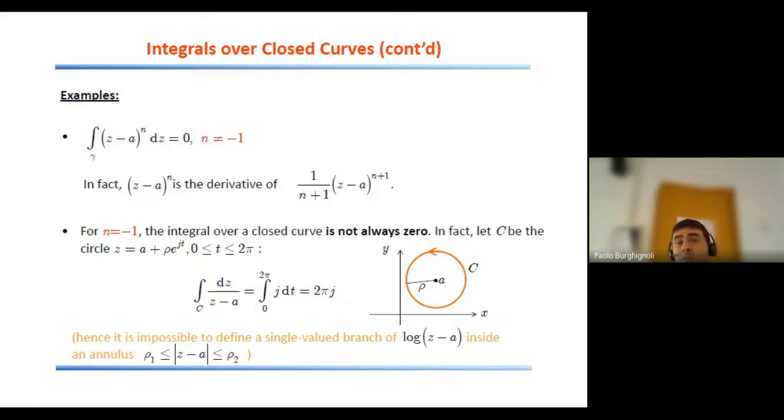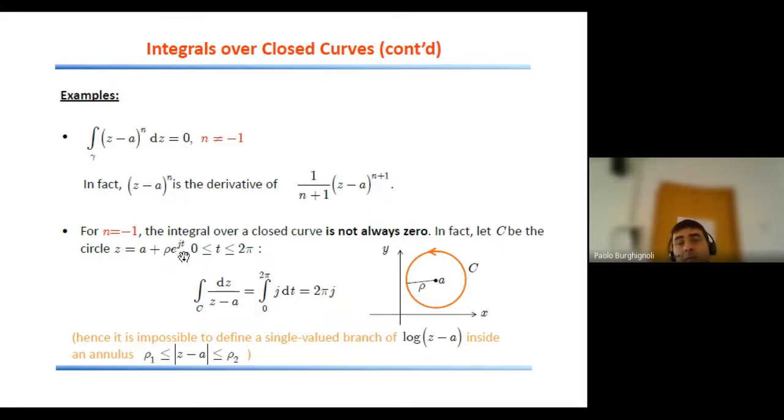In that case, what we will do is to actually perform the calculation. So we will consider as a curve a circle C of a certain radius, rho, and center at the point a, okay? This circle has the parametric representation z equal a plus rho times e to jt, where t is the angle.